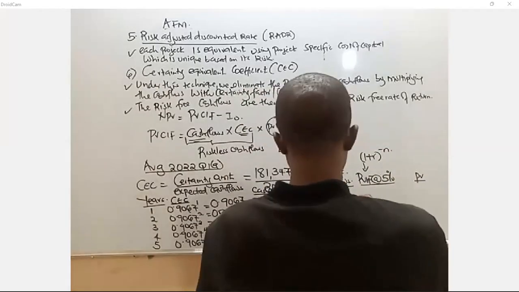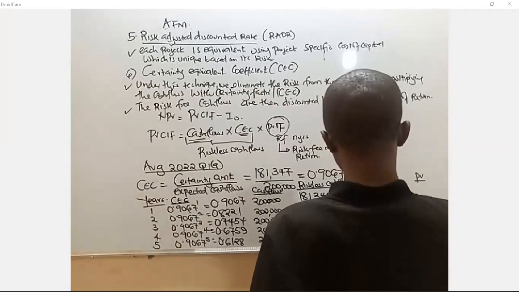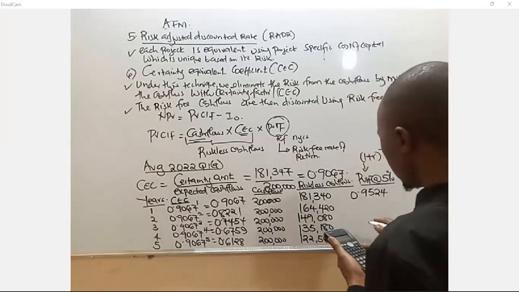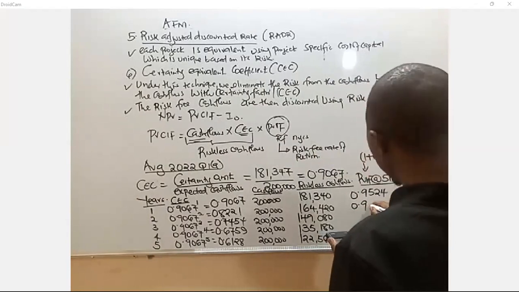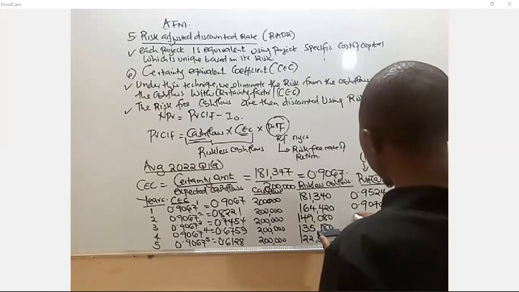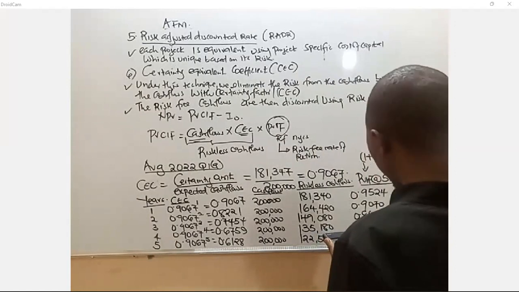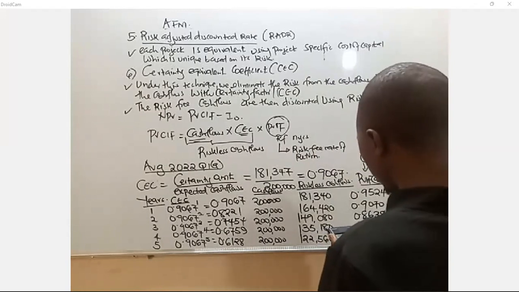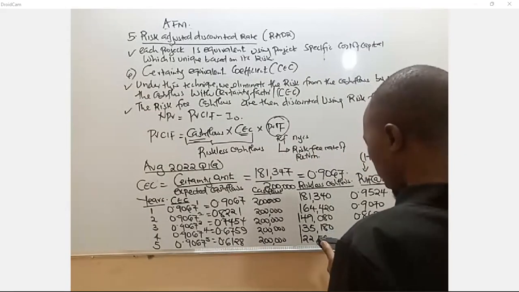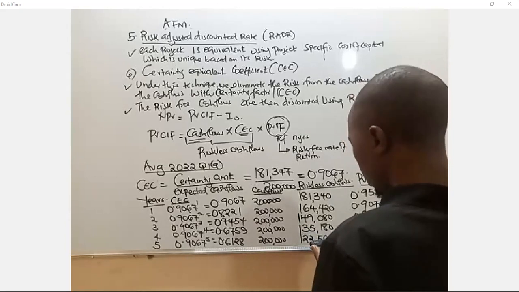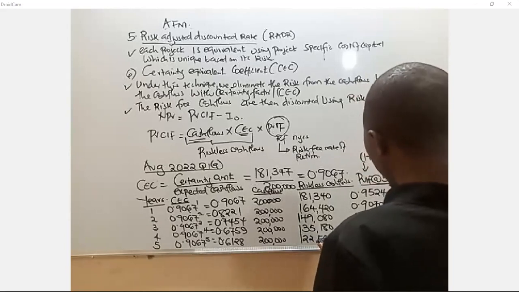Here we are getting 0.9524. The second one, year 2, 0.9070. Year 3, 0.8638. Let's go to year 4. We get around 0.8227. Then the last one, which is year 5, we get 0.7835.